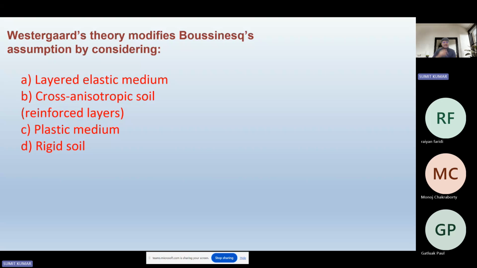Let me read the question again, followed by the options. The Westergaard theory modifies the Boussinesq assumptions by considering: layered elastic medium, cross anisotropic soil, reinforced layers, plastic medium, or rigid soil. The correct answer for this is option B, that is the cross anisotropic soil, that is the reinforced layers.